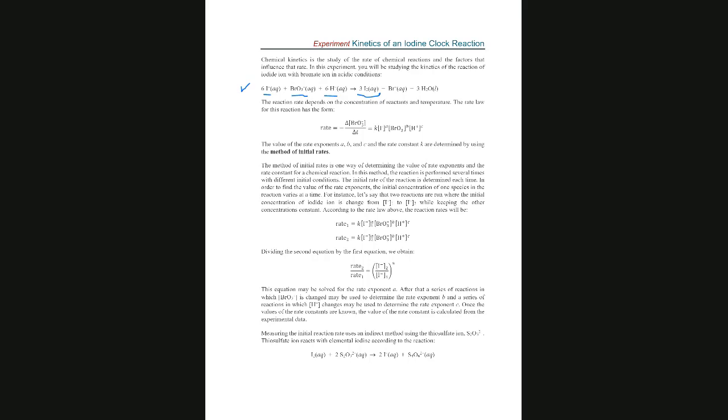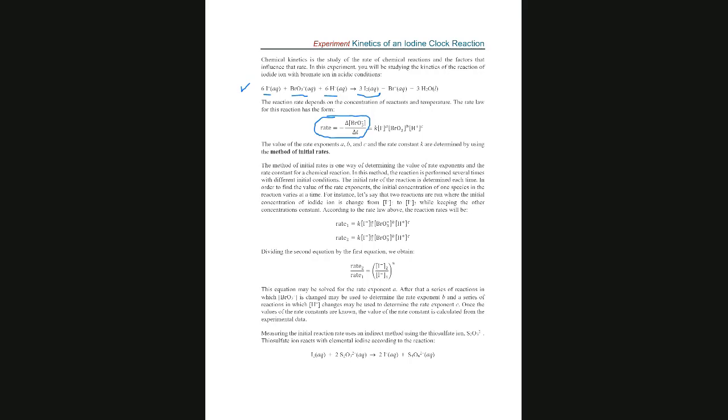So the rate, the first thing that we know, here it says rate. What is the first part of this equation? As an example, it says delta, which is the change in the concentration of bromide. In this case, they picked bromide over time.